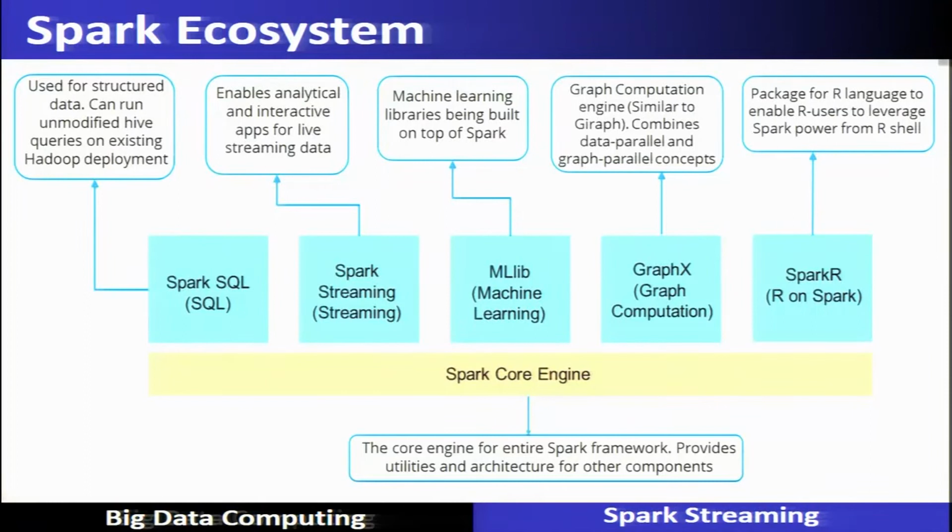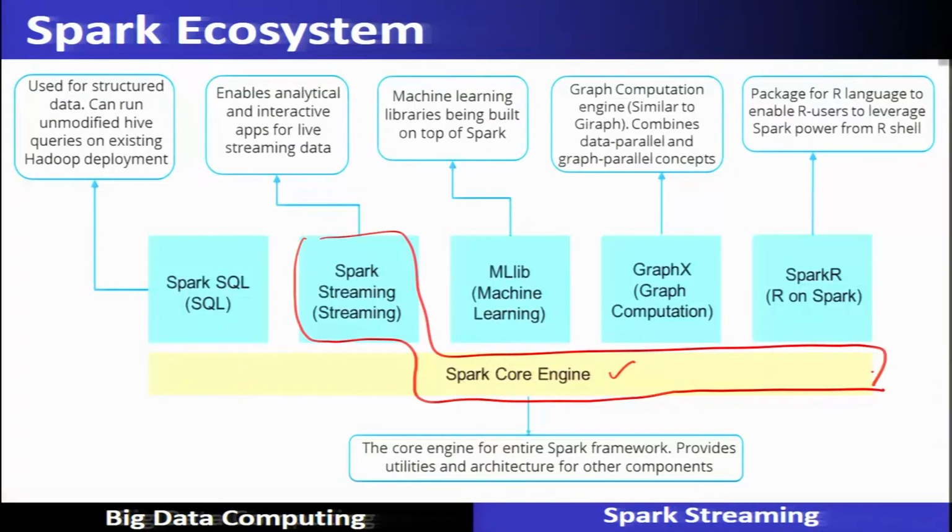Now, let us see the Spark ecosystem, and the positioning of the Spark streaming system within it. In this ecosystem, at the core there is the Spark engine, and on top of it the Spark streaming system runs. Spark streaming runs over the Spark core, and this enables analytical and interactive applications for live streaming data.